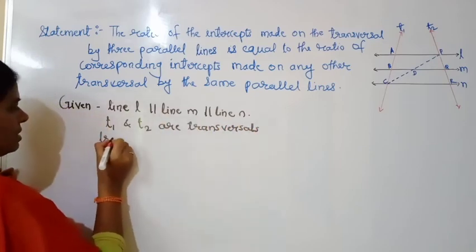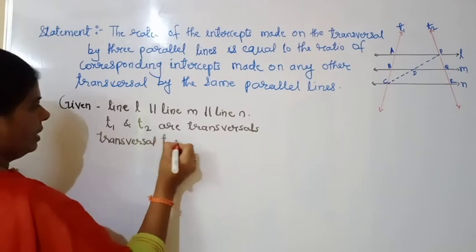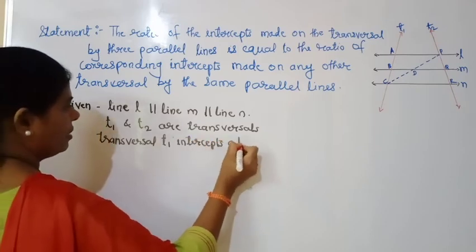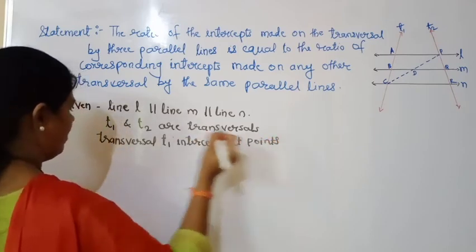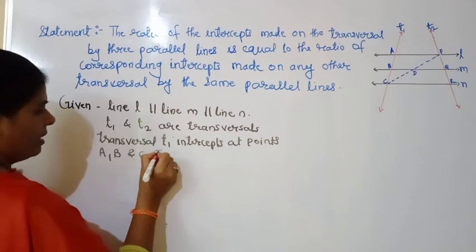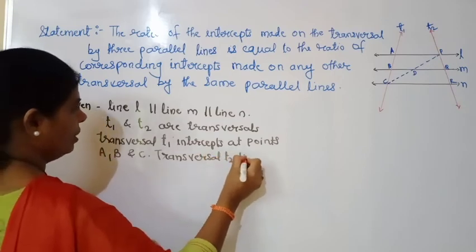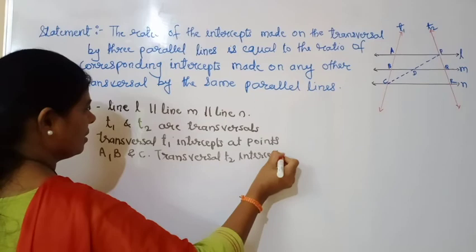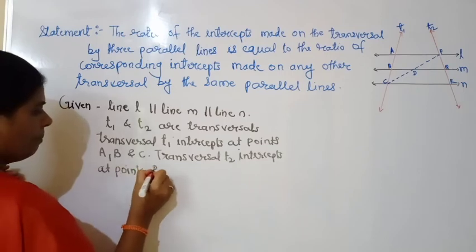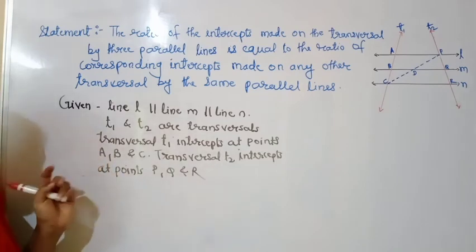Transversal T1 intercepts at points A, B and C. In the same way, transversal T2 intercepts at points P, Q and R. So this is our given that I have written.